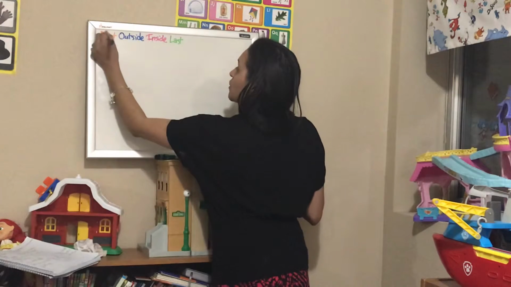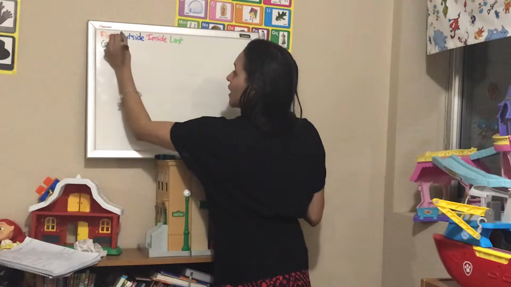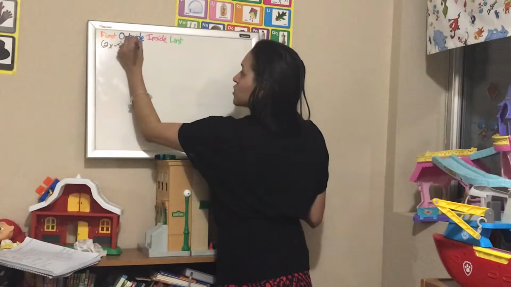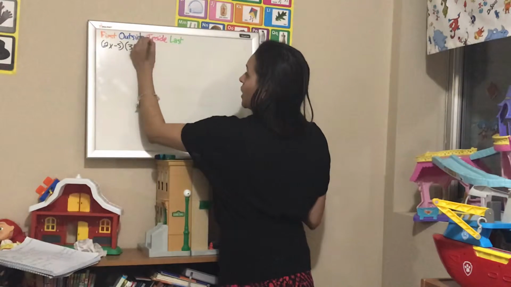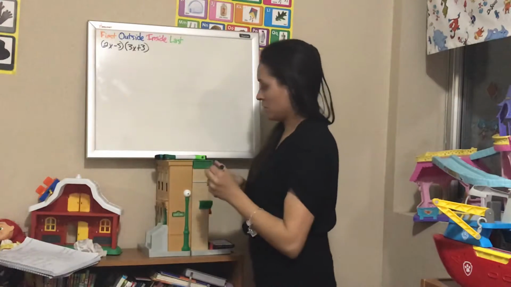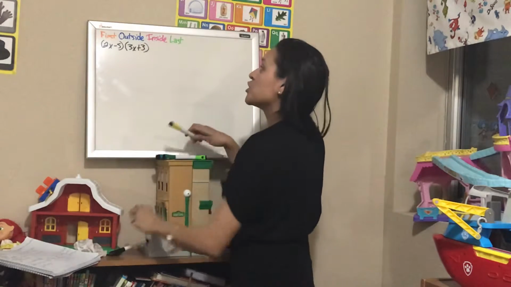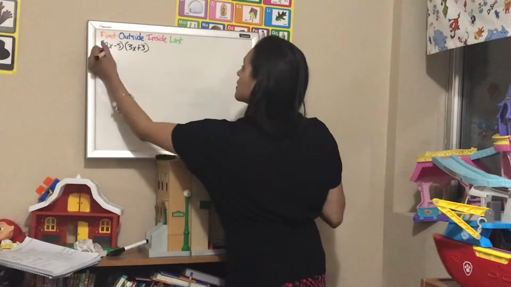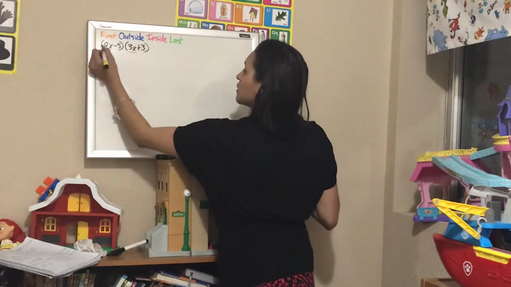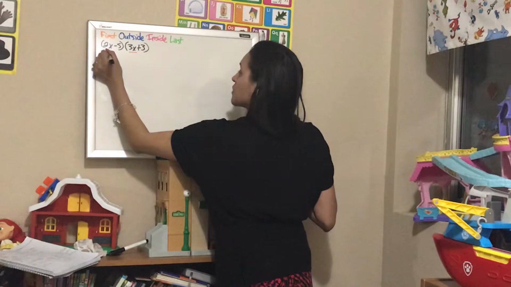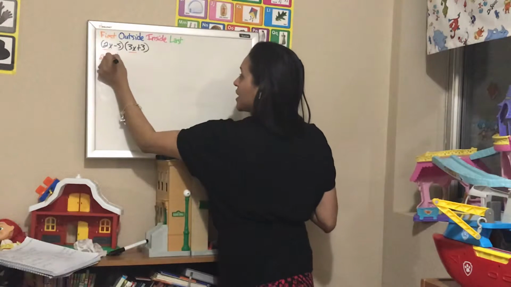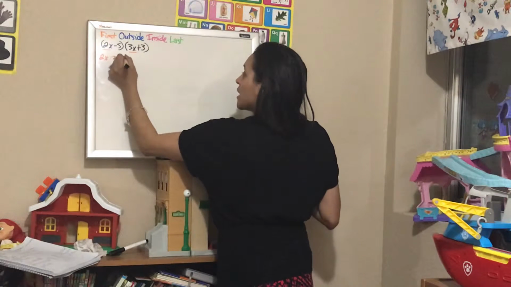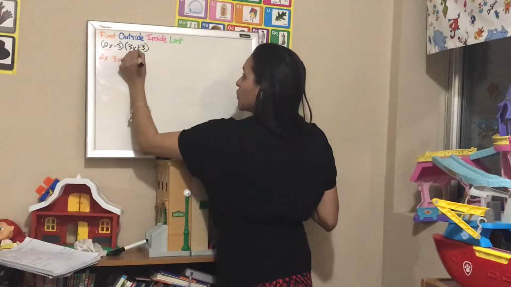So we'll do 2x minus 5 times 3x plus 3. So our first term is going to be 2x, I'm sorry, 2x times 3x. That will give us 6x squared.